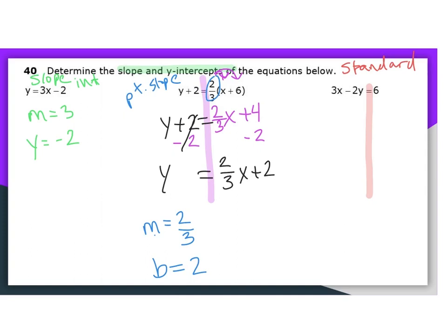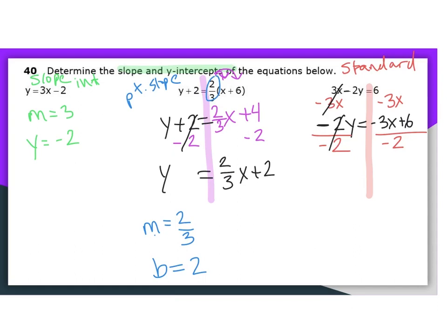Our first step here is subtracting 3x from both sides, because we want the entire term to be moved. 3x minus 3x cancels out, leaving us with a negative 2y. Make sure you include that negative that's there. Equals negative 3x plus 6. From here, our next step is to divide everything by negative 2.